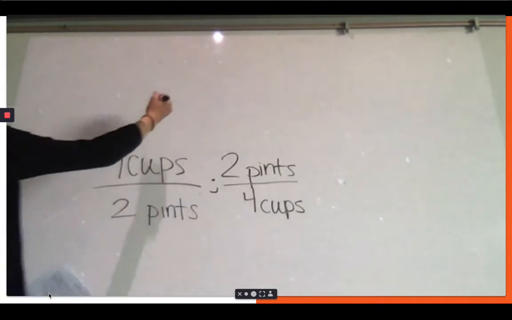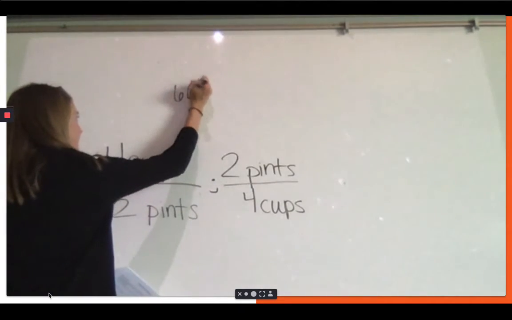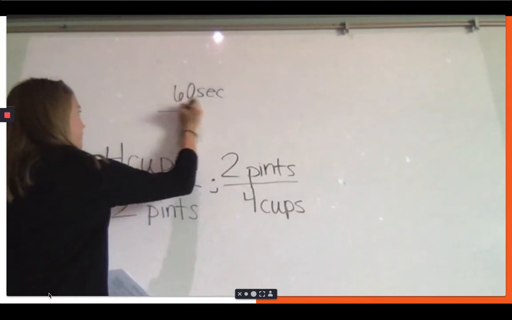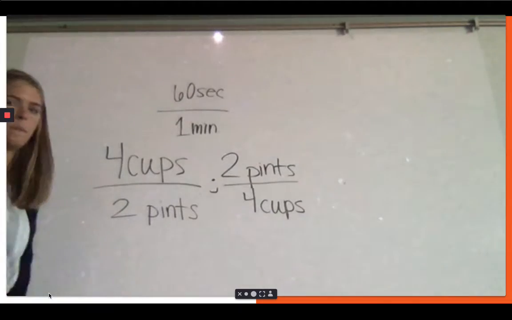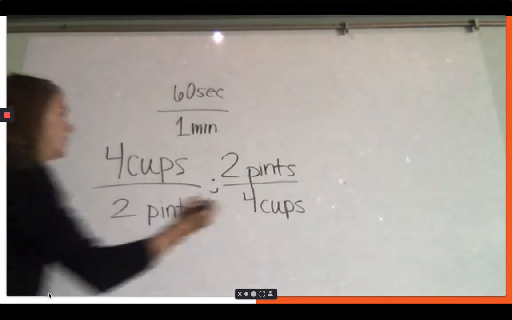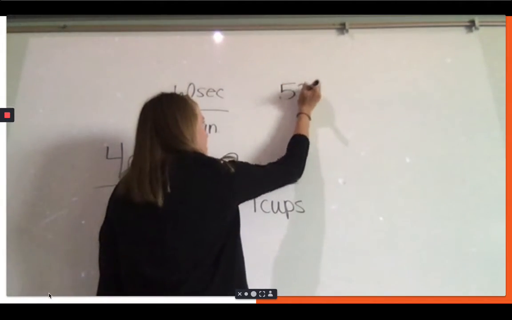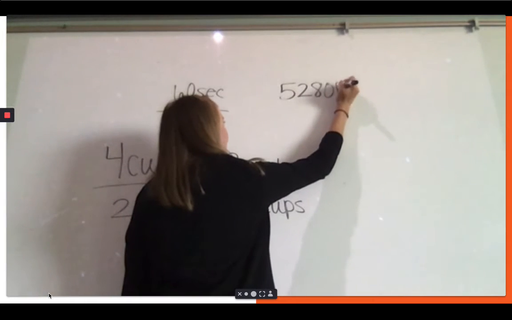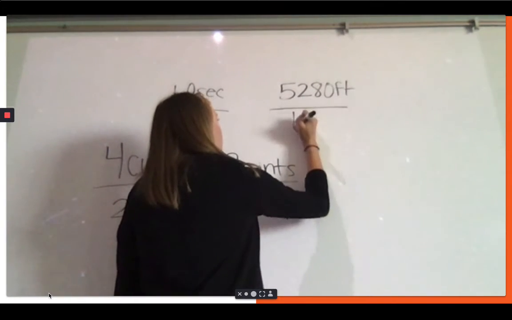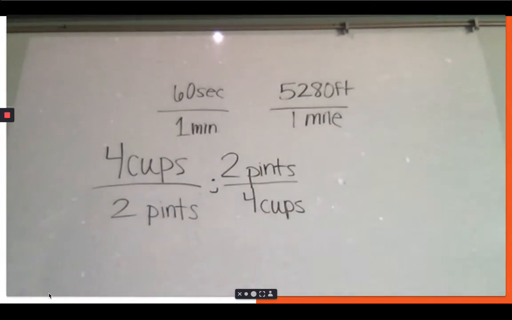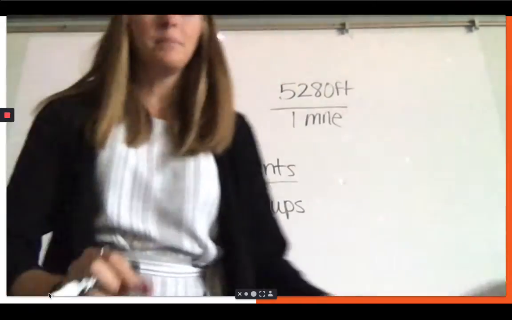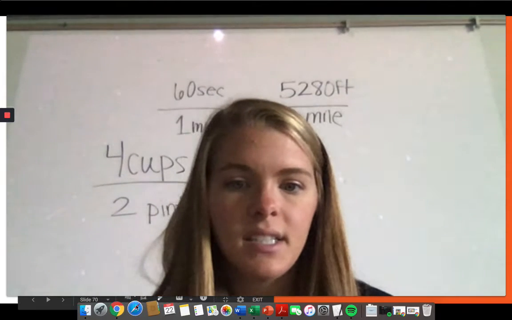Other conversion factors, there's 60 seconds per 1 minute. Okay. There's 5,280 feet per 1 mile, and vice versa. These are all examples of conversion factors.